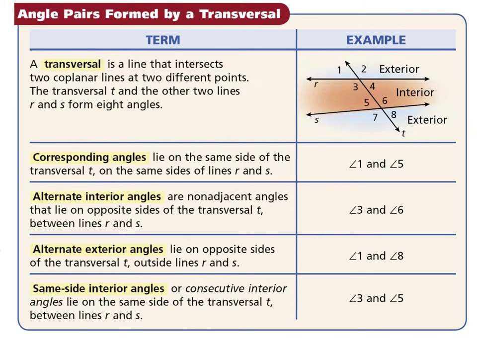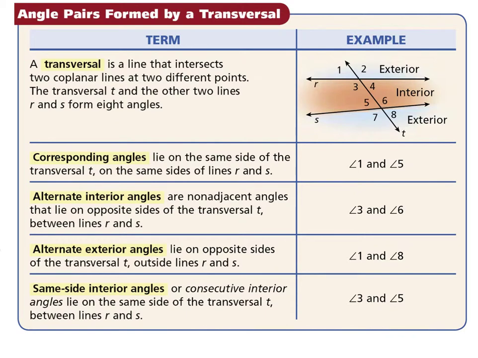So 1 and 5 was an example. What would be another example pair? 2 would be corresponding with 6. 4 would be corresponding with 8, and 3 with 7. Okay? So there are 4 pairings of corresponding angles. Now for some reason, corresponding angles are the ones that students can't remember and they get mixed up on.